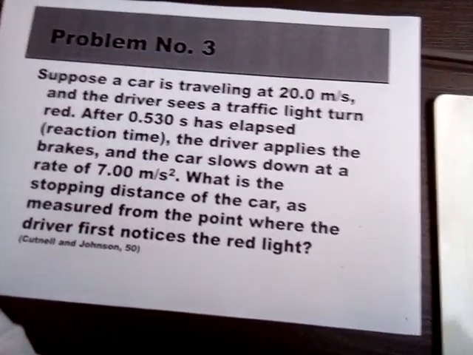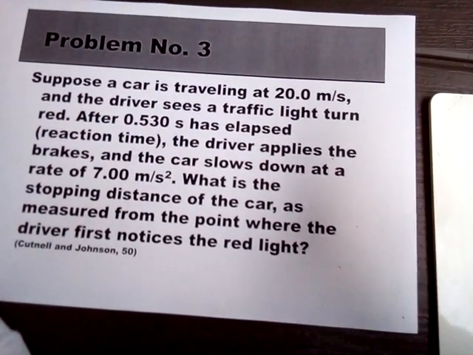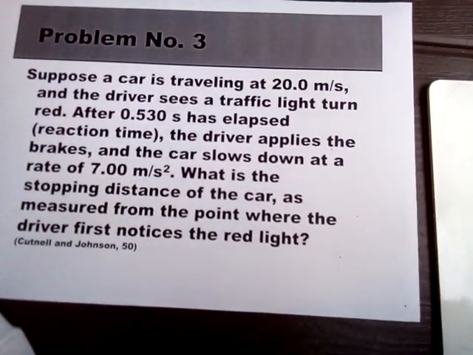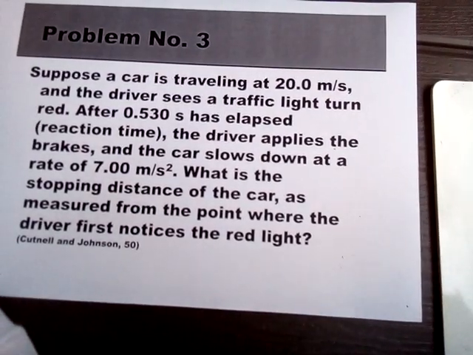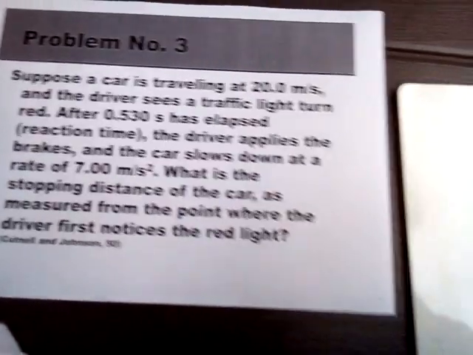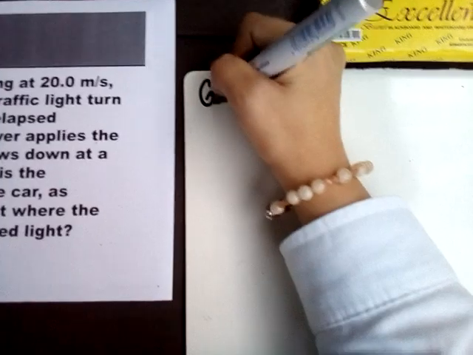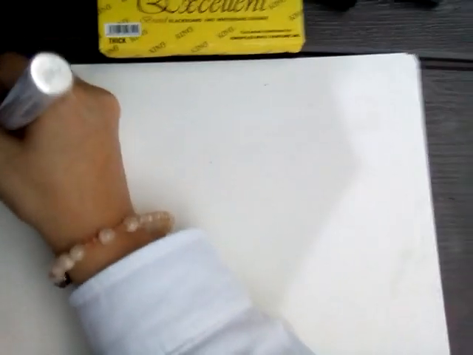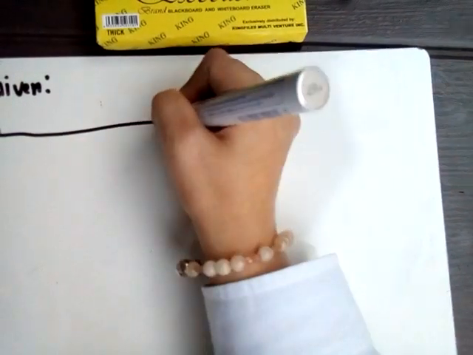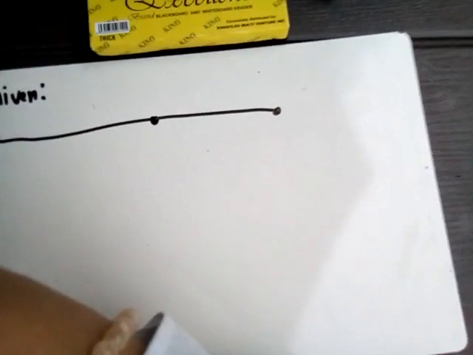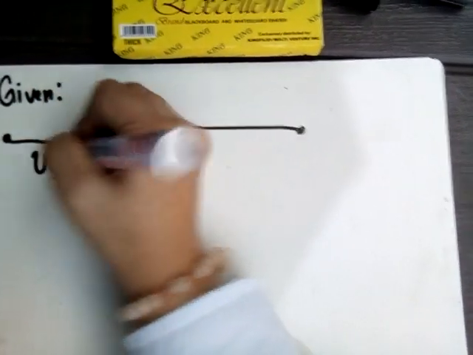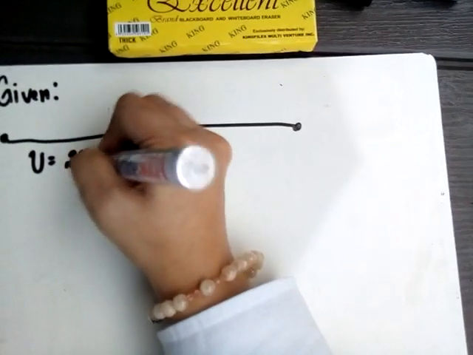First is before the brakes were applied, and second, during the time the brake is working. So for our givens, we have two parts of the motion. The first part is the car is traveling at 20 meters per second.